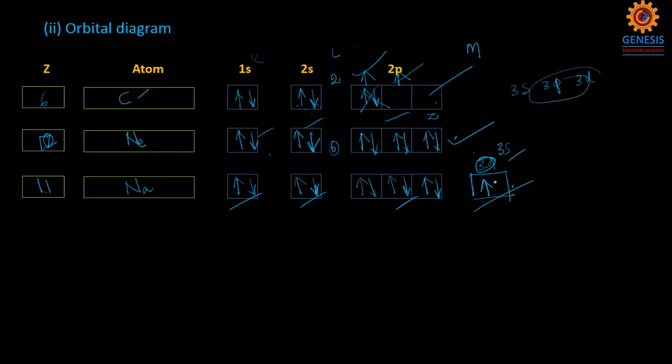So this can be represented as neon in brackets, the electronic configuration, and then 3s1. Neon is 10, so this is 11. The next one is magnesium, which is 12. This can be written as neon and then 3s2. Like that you can find out any configuration.